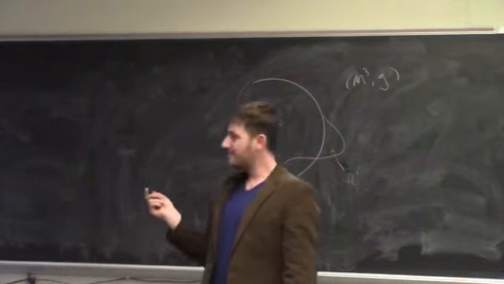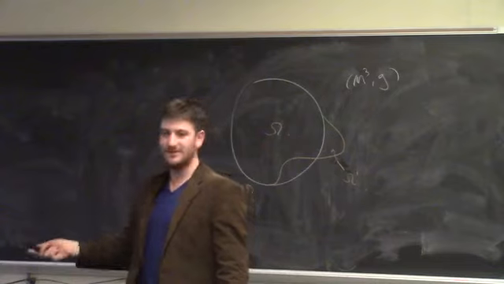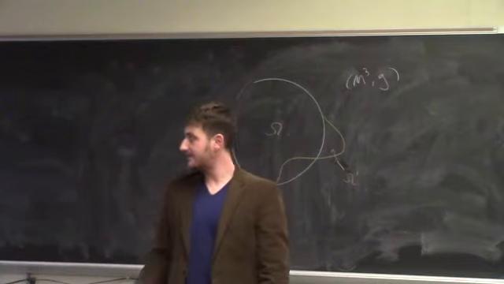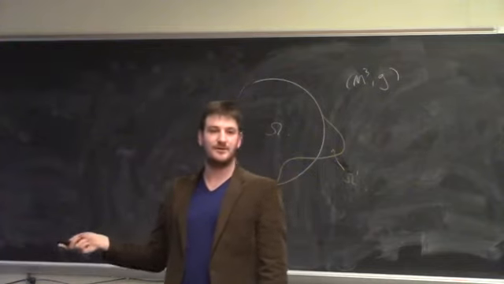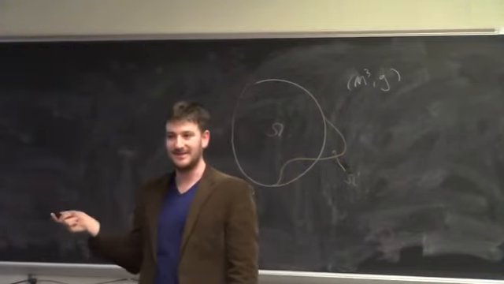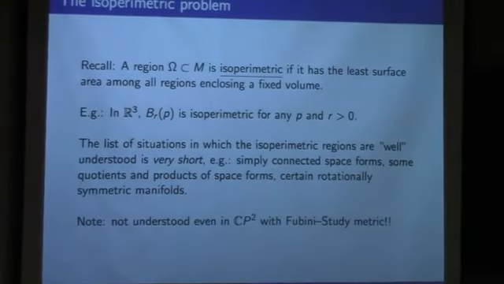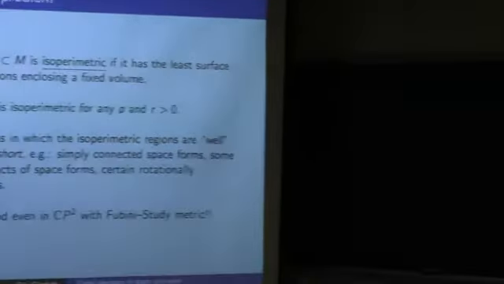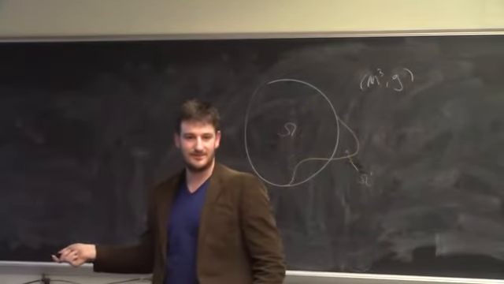My favorite example to convince people who have maybe never looked at this that we don't know that much about these things is CP2. There are people in this room who would claim we know everything about CP2, maybe. But in CP2 with the canonical Fubini-Study metric, we don't know what the isoperimetric regions are.